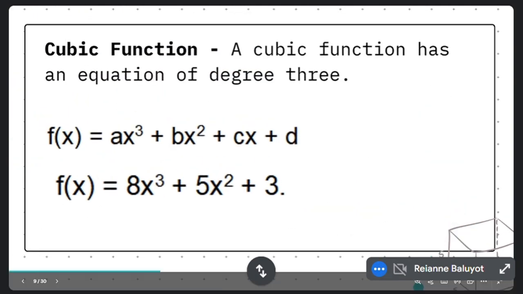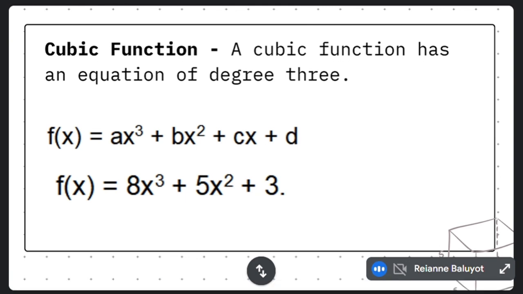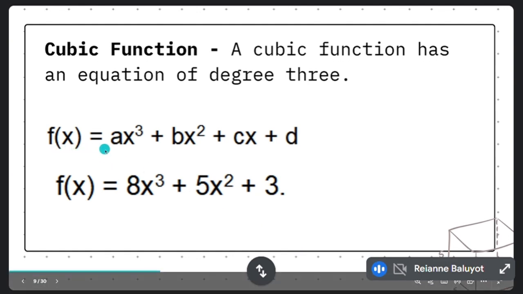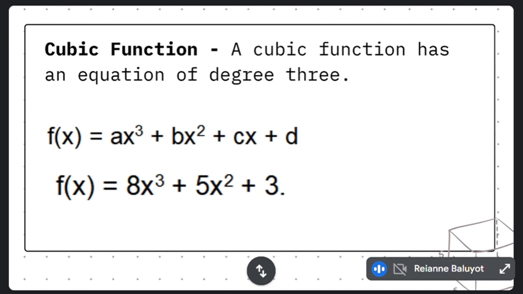Next, we have here a cubic function. A cubic function has an equation degree of 3. Okay? From the definition, except cubic, ang ating highest degree ay cube or number 3. So we have here a general form, which is f of x equals ax cubed plus bx squared plus cx plus d, wherein a must not be equal to 0 while b, c, and d must be real numbers.